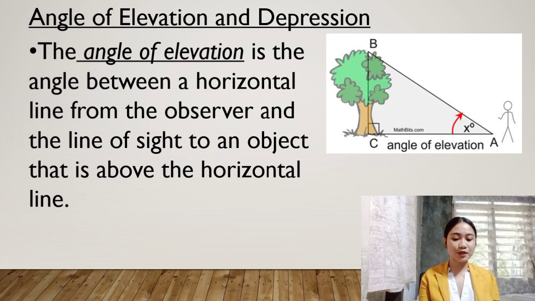When you look at the picture, there is a person there and a tree. The example of angle of elevation, you are looking up. Tumitingin ka sa taas, di ba? So, that is the example of angle of elevation when you are looking upward.